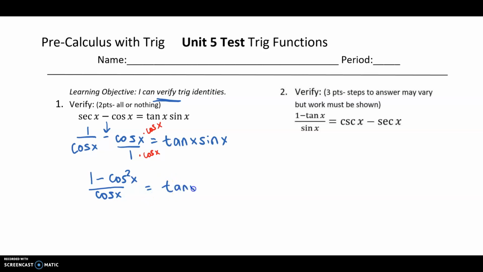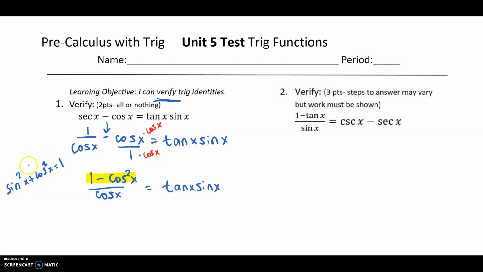Again, I'm going to leave the right-hand side alone. All right, we have a trig identity that matches 1 minus cosine squared x. Kind of. The trig identity says sine squared x plus cosine squared x equals 1.